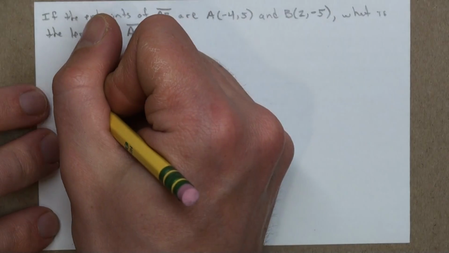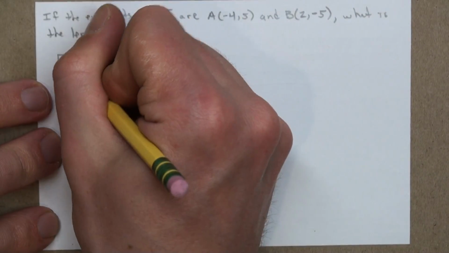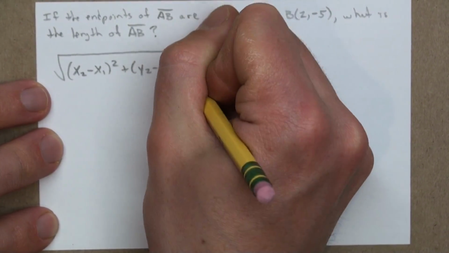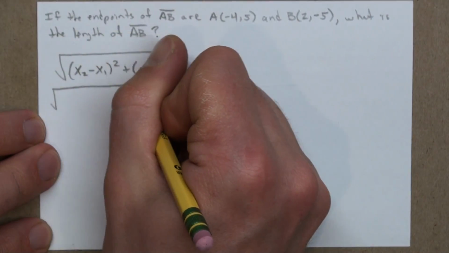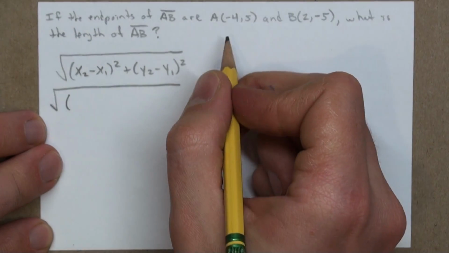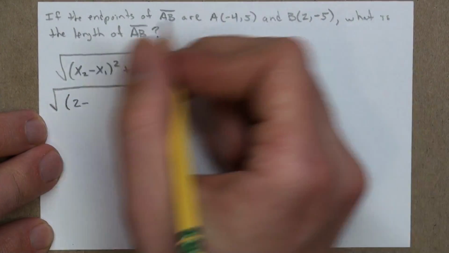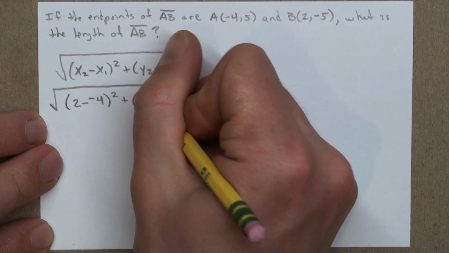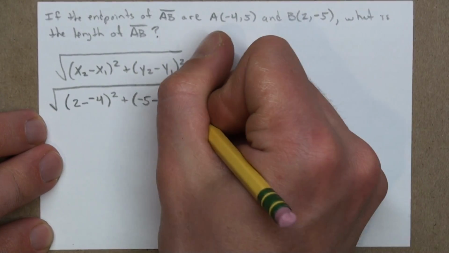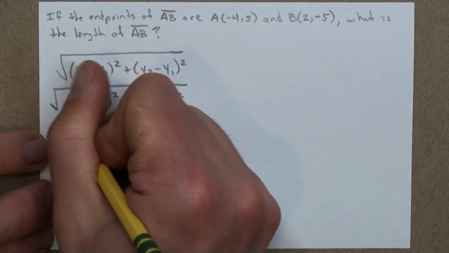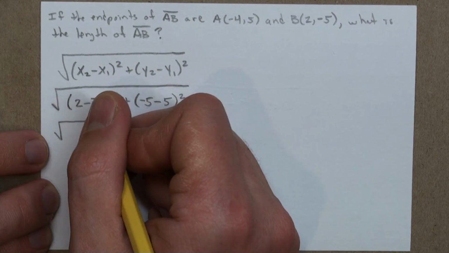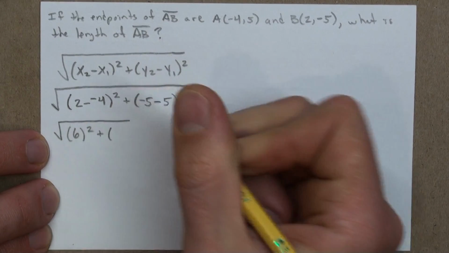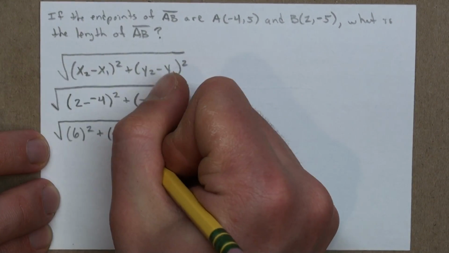Okay, so the square root of x2 minus x1 squared plus y2 minus y1 squared will be the square root of x2 is 2 minus x1 is negative 4 squared plus y2 is negative 5 minus y1 is 5 squared, which gives us 2 minus negative 4 is 2 plus 4, and 2 plus 4 is 6, so we have 6 squared plus negative 5 minus 5 is negative 10 squared.